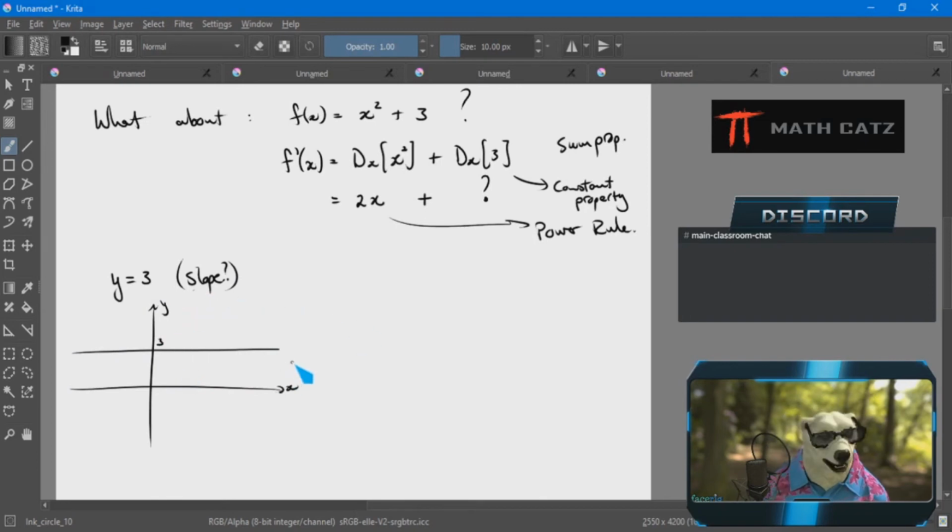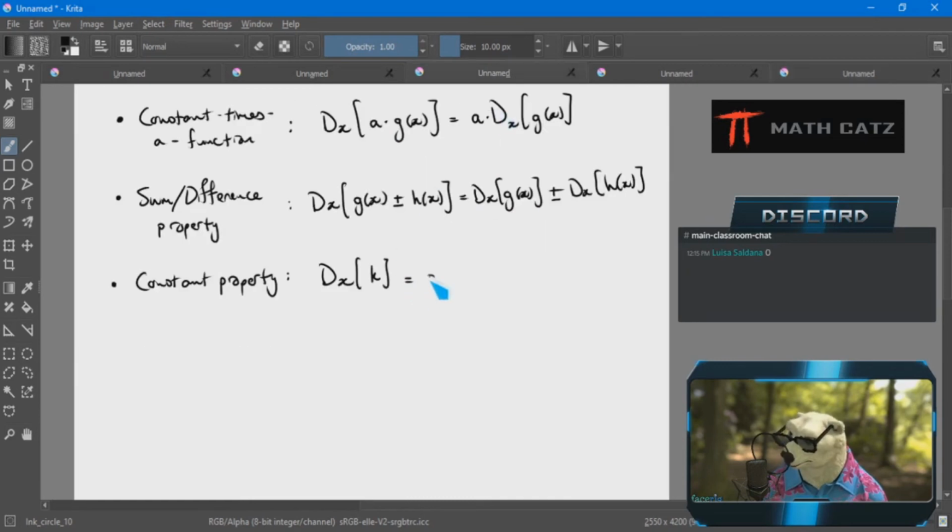What is the slope of a horizontal straight line? I know, you all fell asleep. I'm sorry. It's 0. Yes, it is. So it's not hard to convince yourself that the derivative of a constant should be 0. And it is. It is 0. Because that's a horizontal straight line. Constant function, 0 slope. We've already seen that.